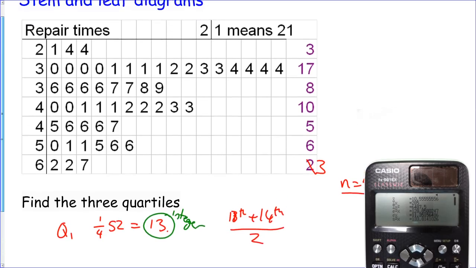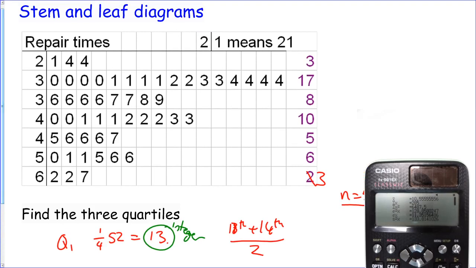So a quick reminder when you're counting through these things, we count from this side and we don't count the stem, we just count along the leaves.